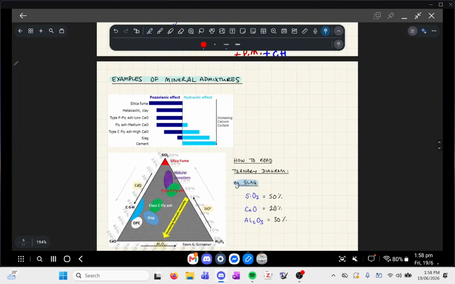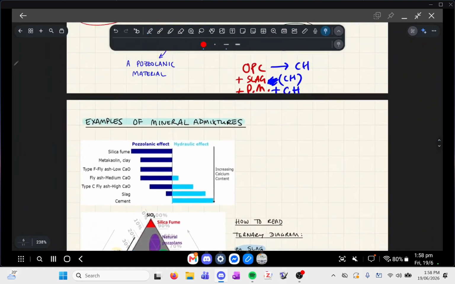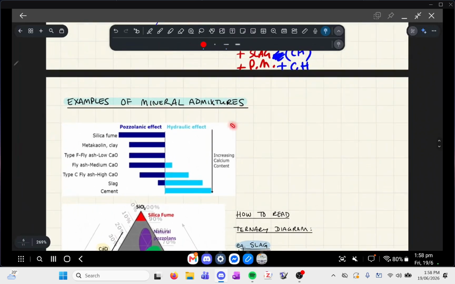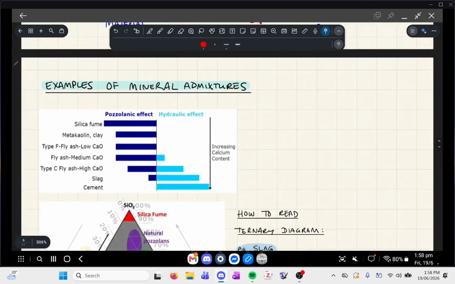So here's some examples. I mentioned slag before, but I'll just show you this graph. This graph has a measure of your pozzolanic effects and your hydraulic effects. With OPC, this regular type of cement, the entire thing is a hydraulic effect, so it's the most hydraulic effect that we can get.